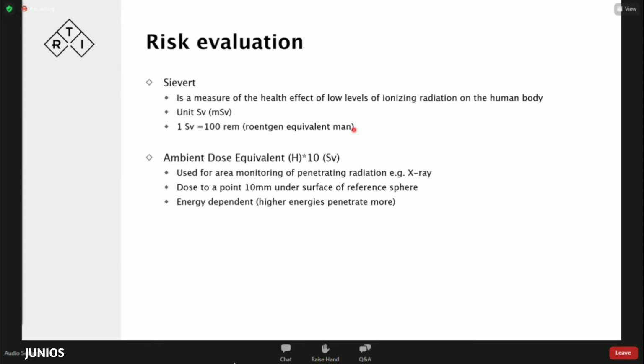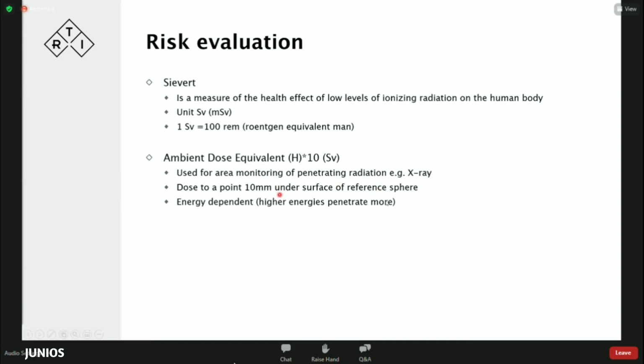And for area monitoring of penetrating radiation, for example the medical X-ray, we use the ambient dose equivalent, which is denoted by H*(10), again given in sievert. This refers to a dose at a point 10 millimeters under the surface of the reference sphere.